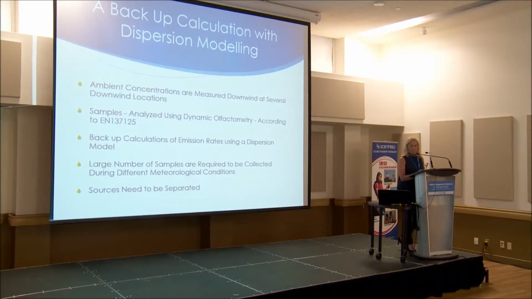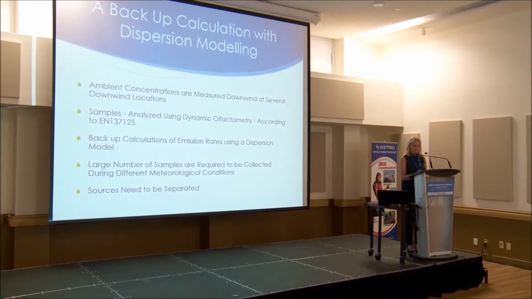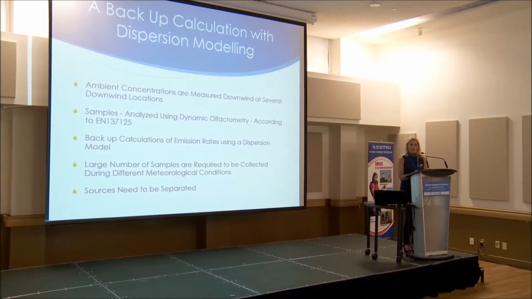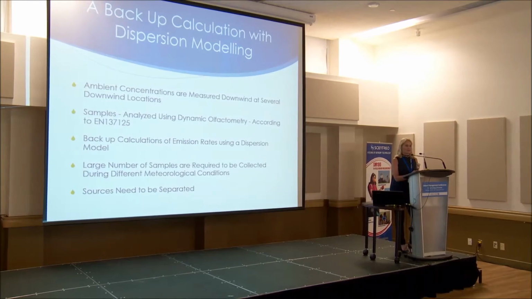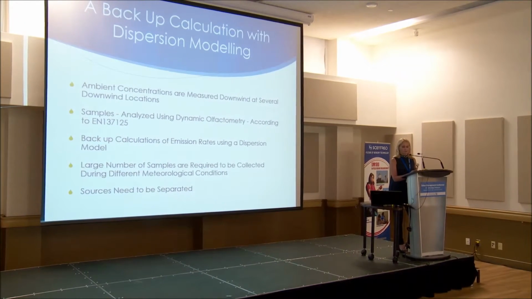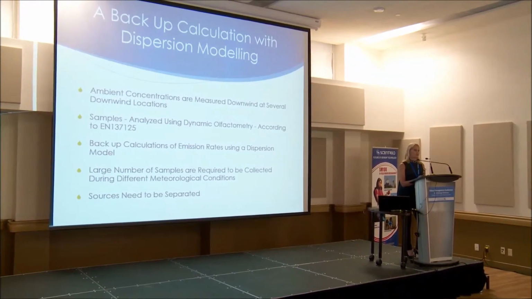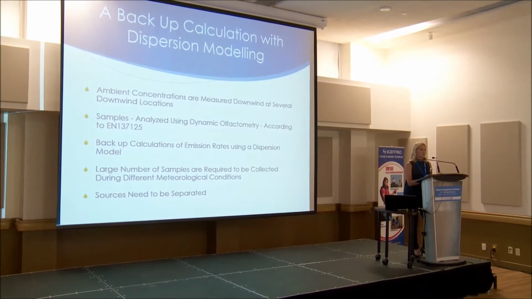Another method is the backup calculation used with dispersion modeling. It was developed a few years back, and basically it is based on the ambient concentration. You collect the samples downwind from the area source, and using the dispersion modeling, you predict the emission rates.